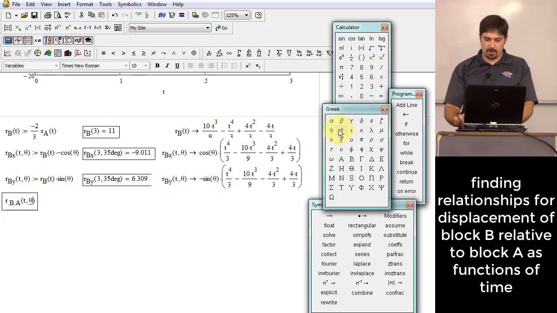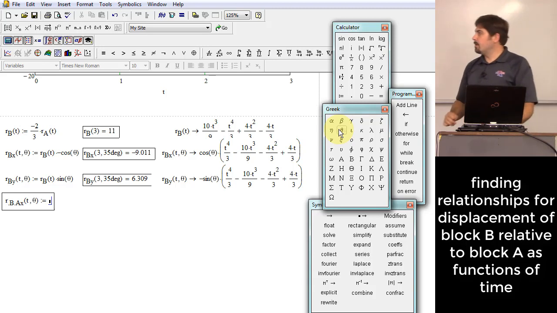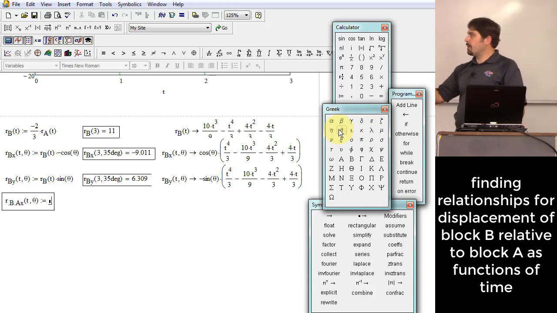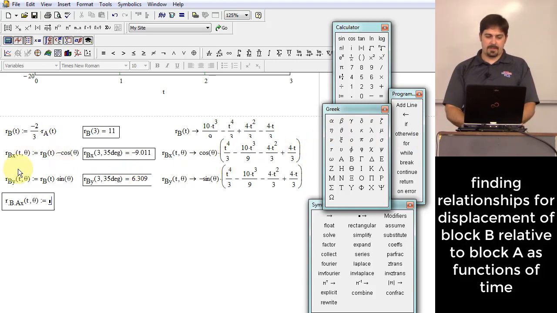Okay, and I tell you what I'm going to do for this first one is just do the x direction. Okay, and if I want the position of B relative to A, then what I need to do is take my function for B and subtract my function for A. Okay, I don't have to go and copy and paste them though. I can just directly use them.